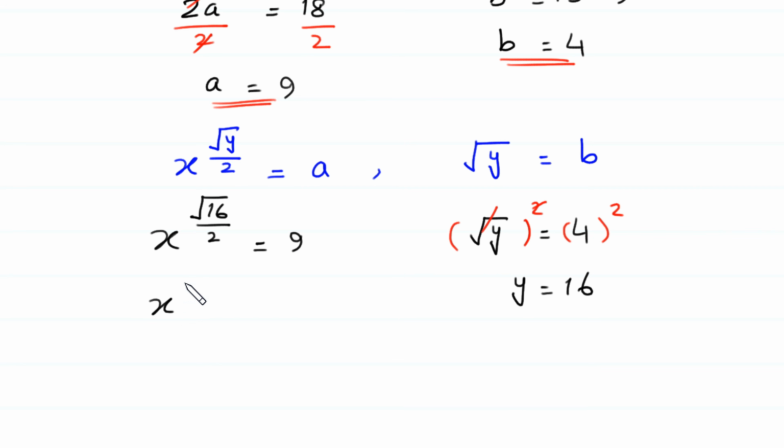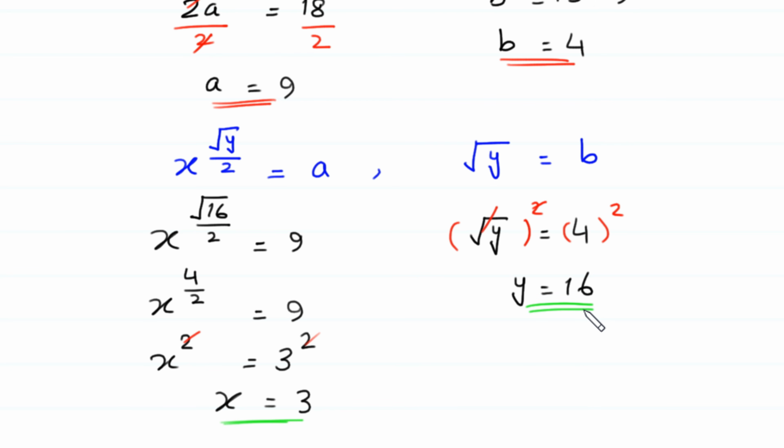Next, x to the power square root of 16 is 4, over 2, is equal to 9, and x to the power 4 divided by 2 is equal to, and we can write this 9 as 3 squared. Now from here you can see that the exponent is the same on both sides, so this exponent 2 will be cancelled with this exponent 2, and x is equal to 3. So in this case the value of x is 3 and the value of y is 16.